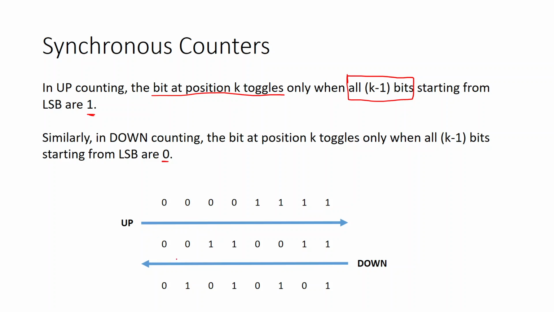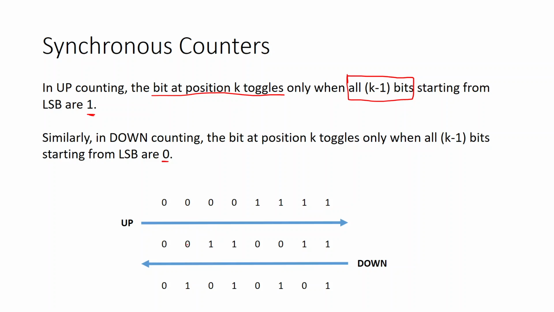Up counting: the LSB will always toggle. Please keep this in mind, the LSB will always toggle at every clock edge trigger. What about the other positions?